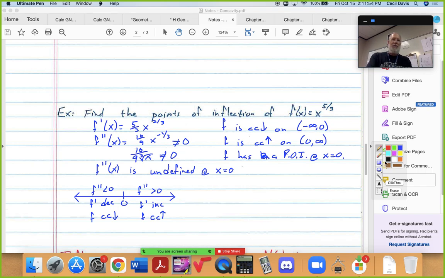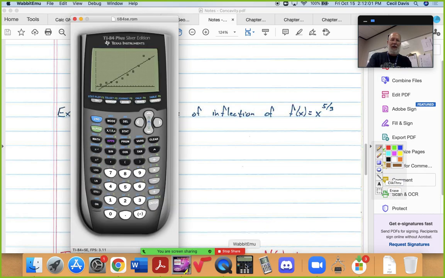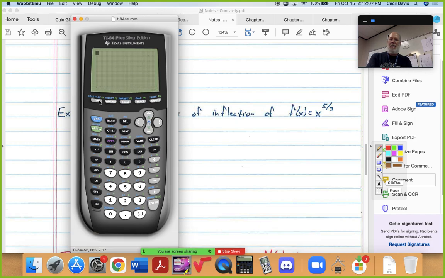I'm interested, just real quickly, grab a calculator. Let's see, what does x to the 5/3 look like? Turn off my plot. It's one thing about switching back and forth between stat and calculus.